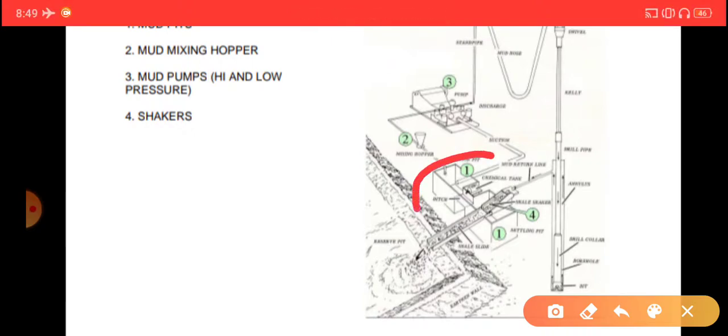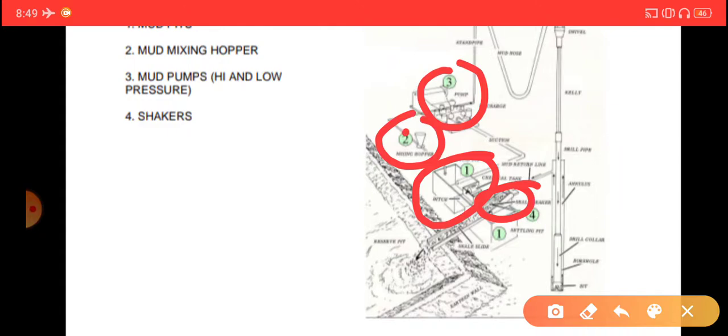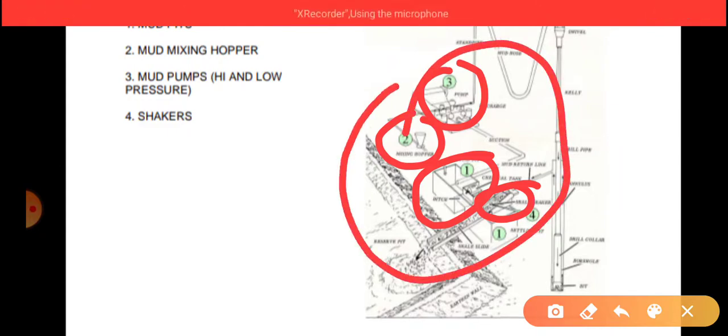First one is the mud pits, the second one is the mixing area, the third one is the mud pumps, high pressure and low pressure, and the fourth one is the shakers area. It moves like this in a cycle manner. That's why it's a circulation system. That is the mud circulation system.